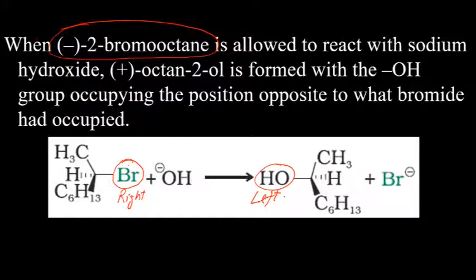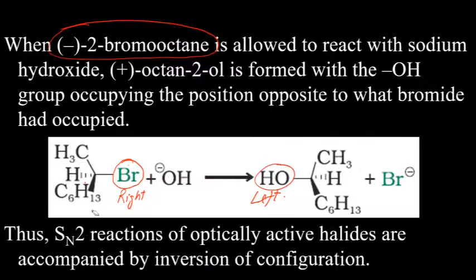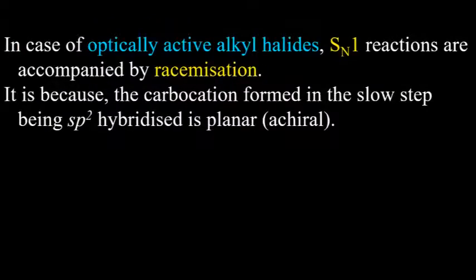Instead of minus 2-bromo octane, you can say minus 2-bromo butane also. So this group should be just different. It can be C2H5 instead of C6H13. The reaction will be similar. So it is inversion of configuration in SN2 mechanism. Thus, SN2 reactions of optically active halides are accompanied by inversion of configuration.